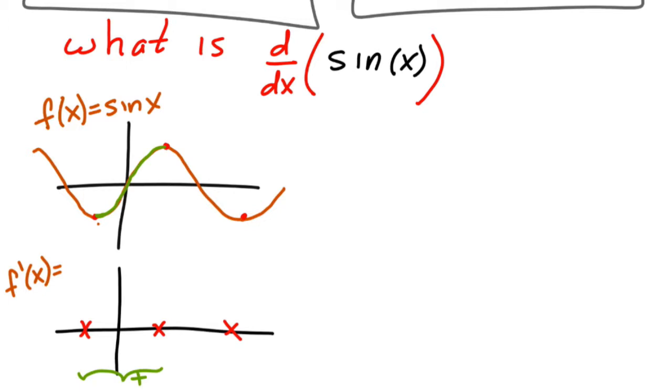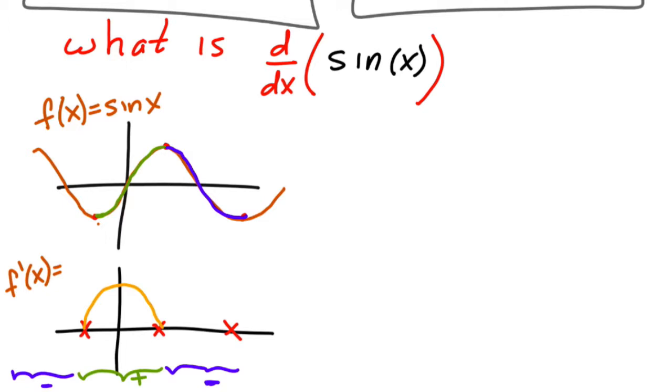Then, since right here this guy is decreasing, right here it has to be negative, and the same thing over here has to be negative. And notice how it's pretty smooth. So if it has to be positive and it has to cross here and here, so for this part of it, you could assume that something like this is what it looks like.